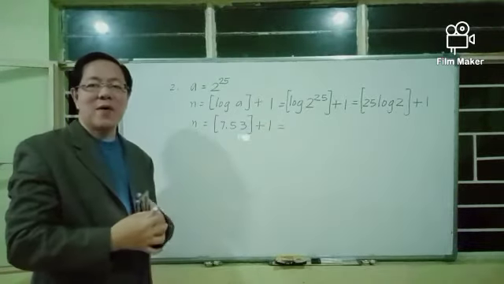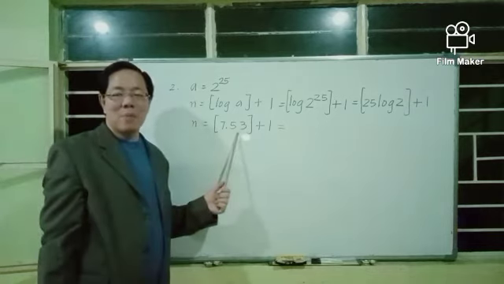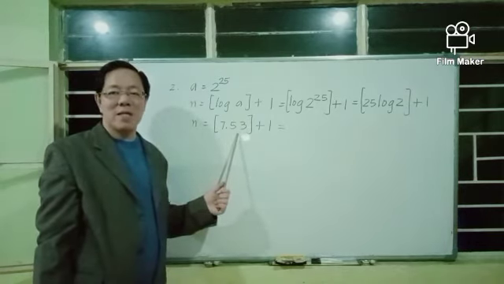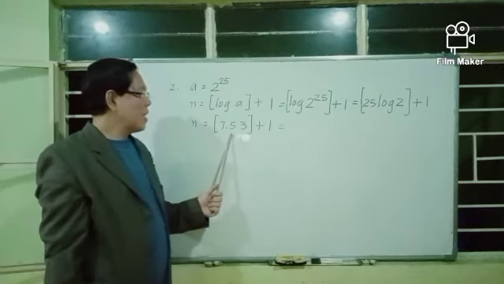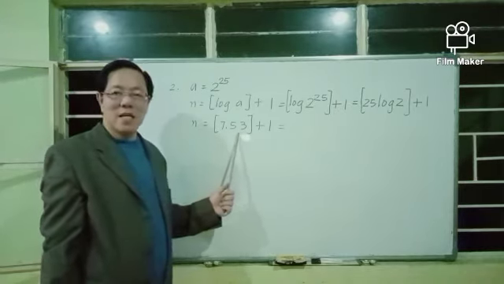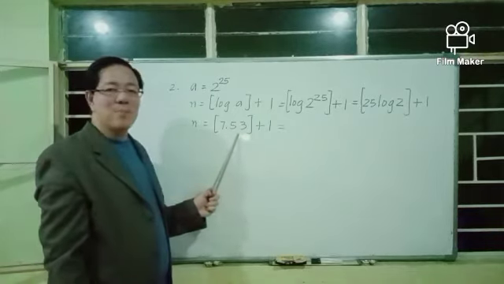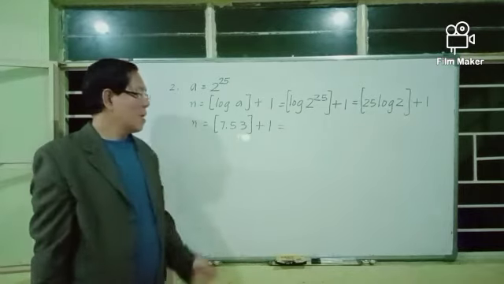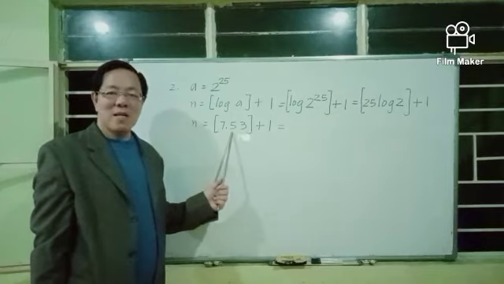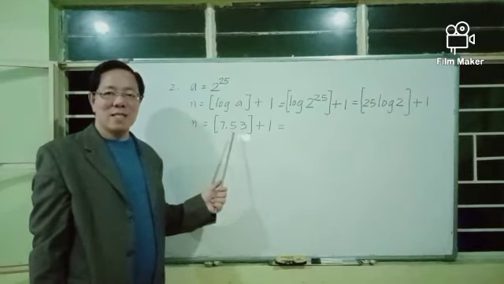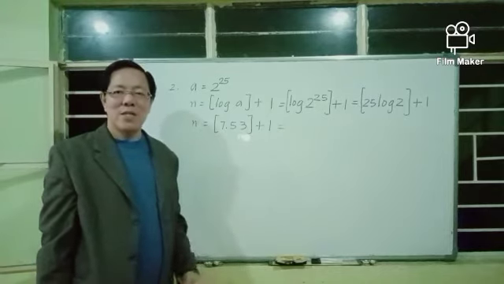Now you find the greatest integer function of 7.53. The floor of 7.53 is the largest integer that is less than or equal to 7.53, and that integer is 7.